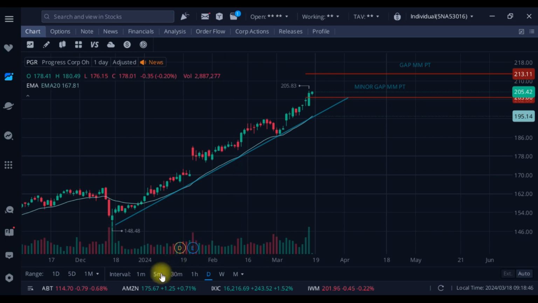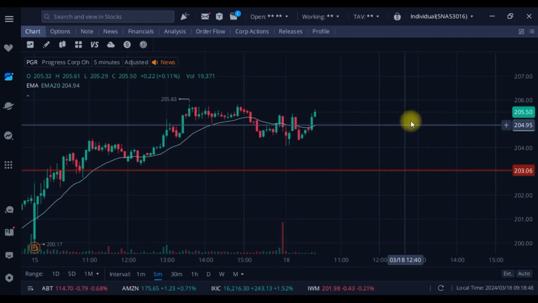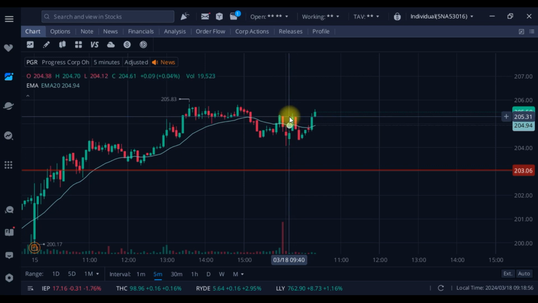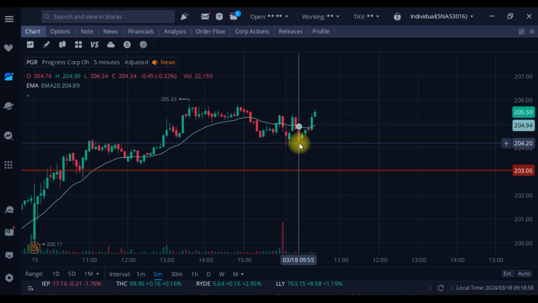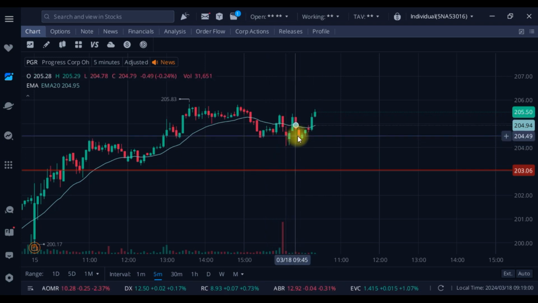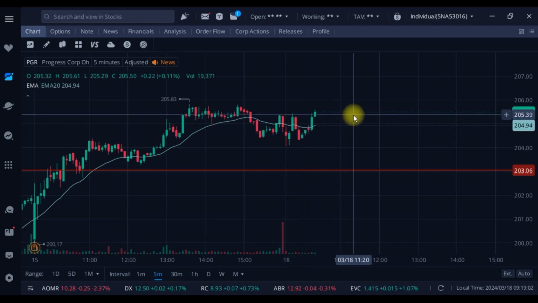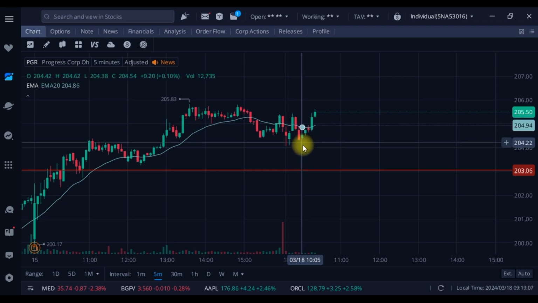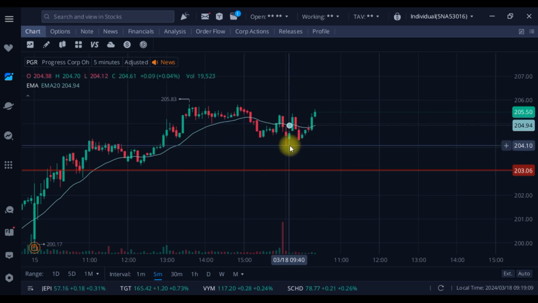Most hopeful over PGR. See if we can't break out here. I really want it to break into a new high and have a pretty strong break. We have a double top and a double bottom. Really a triple. 1, 2, 3. We pushed above. So bears had this double top, and they never triggered stop market orders.